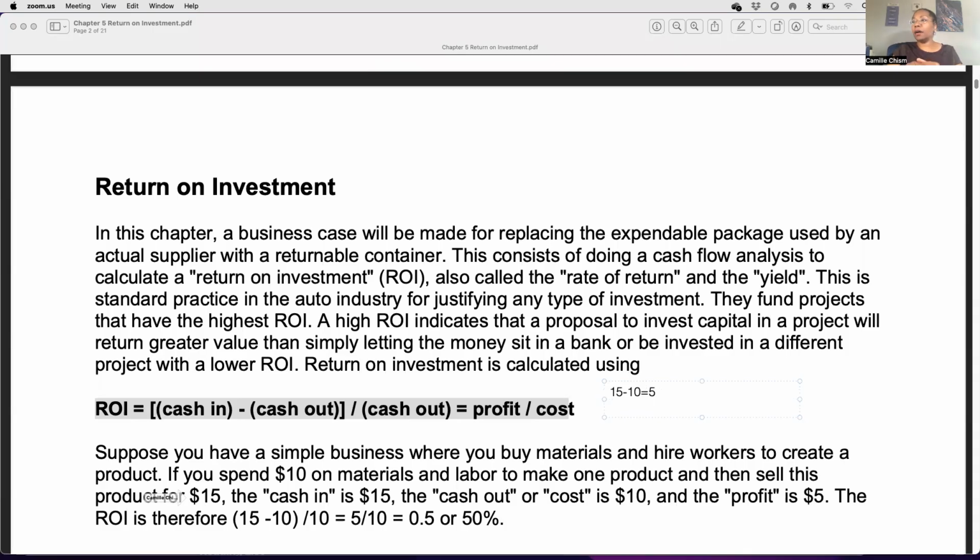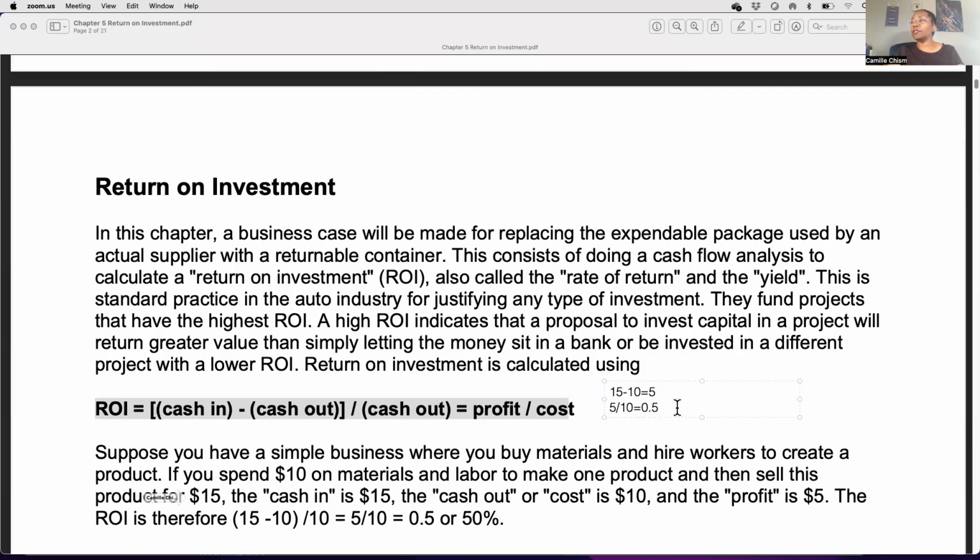And then you can take that 5 and divide it by your cash out, which is 10. And you're going to get 0.5, which is also equal to 50%.